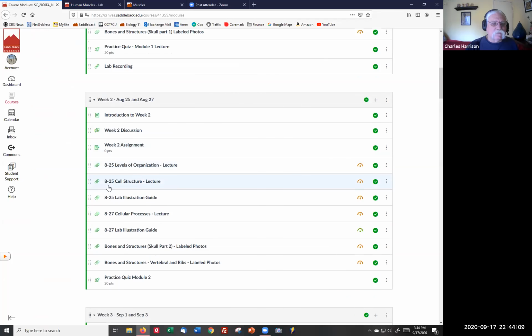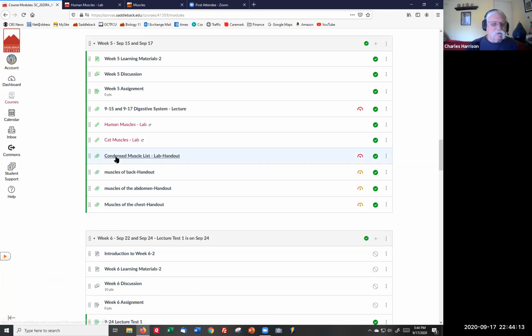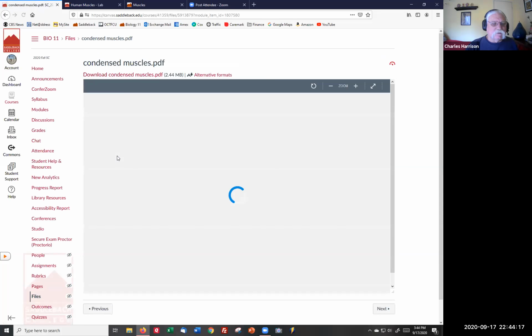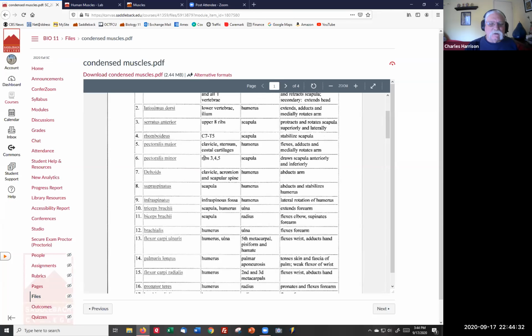Here's where you want to have this condensed muscle list. For the rhomboides, the minimum you can expect me to ask you is that the origin is cervical vertebra 7, that's the vertebral prominence, to T5.